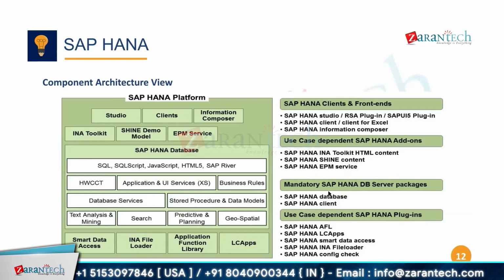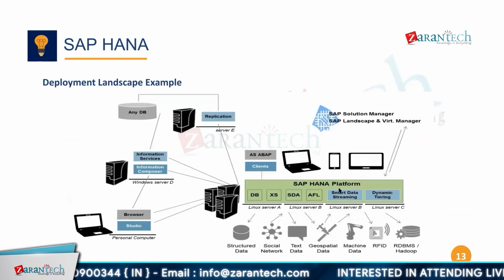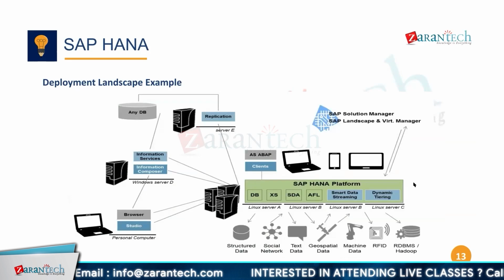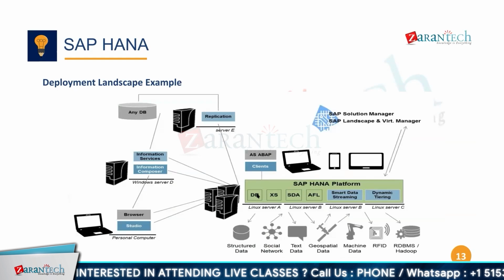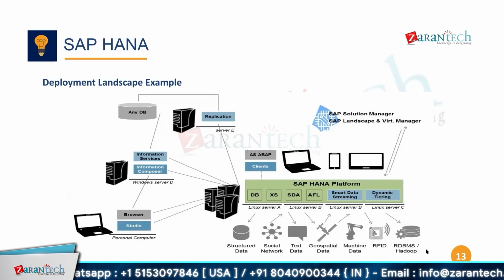Let's go further. Deployment landscape example again. Let's say you have taken the HANA platform. On the green background, as I said, the database is mandatory and all the rest are optional. Here it is trying to say that the DB connects to all other third-party tools, text data, Hadoop, and that integration is possible.